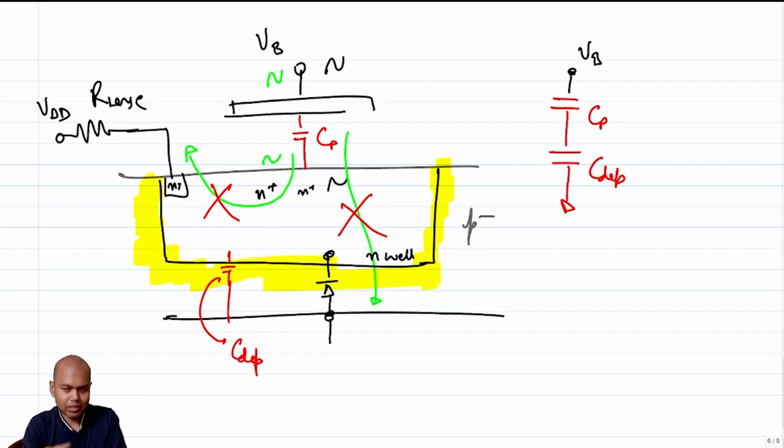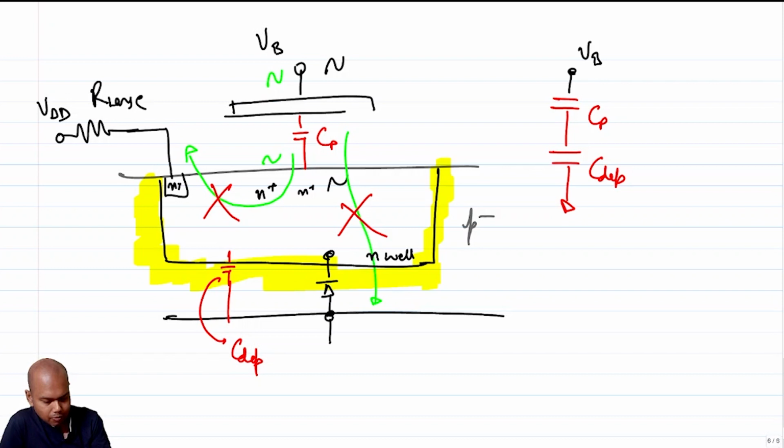And maybe you have some resistance and all. But having said that, this is better than having CP to ground. That is why you get smaller parasitic capacitance, because now CP is coming in series with C depth. Depending upon how large CP is, if C depth is significantly smaller than CP, then you get significant benefit. Else, you probably get 50% benefit, and that is also not so bad, right? So this is something that is routinely done.